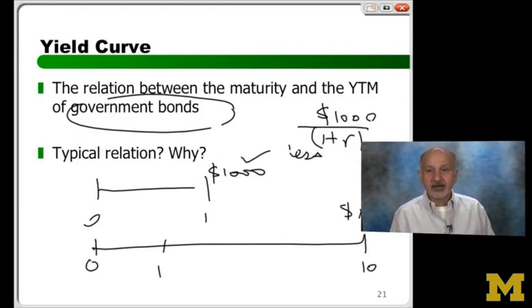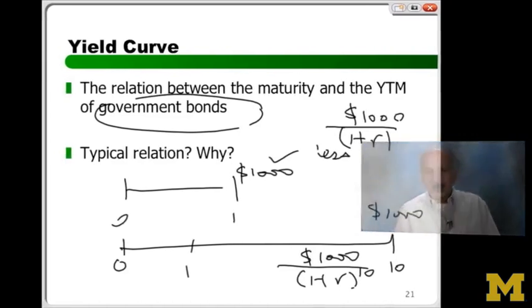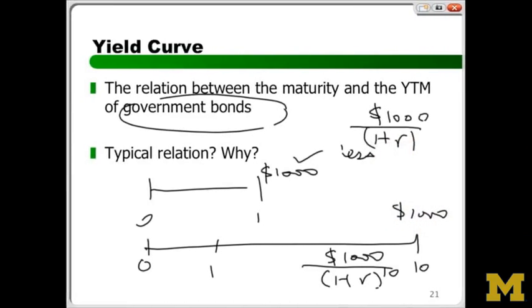And the reason is its price is simply 1,000 divided by 1 plus R. This price is 1,000 divided by 1 plus R raised to power 10. So imagine how R changes. For a government bond which doesn't have much risk, hopefully the main reason R is changing is because of inflation.